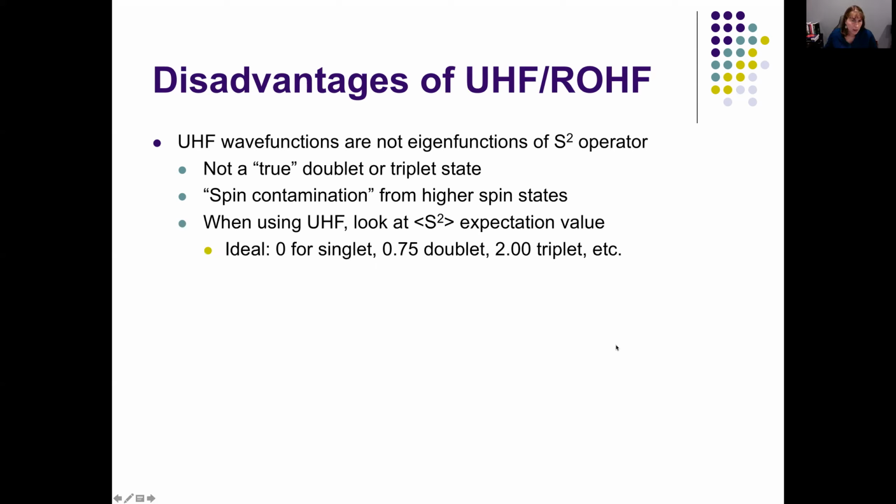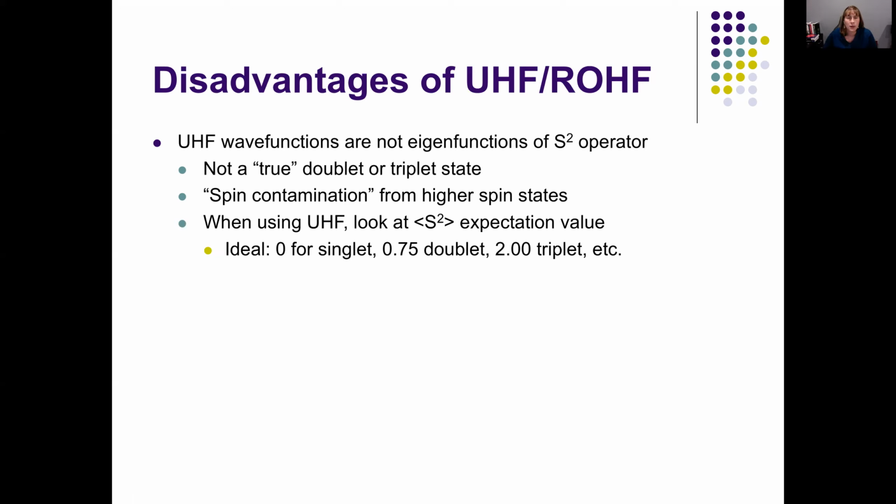We'd expect it to be 0 for a singlet. We'd want it to be 3/4 for a doublet. That comes from S times S plus 1, where S is equal to 1/2 for an electron. So we have 1/2 times 3/2, so 3/4, so 0.75. For a triplet, we'd have a value of 2, again S times S plus 1, where S is equal to 1.